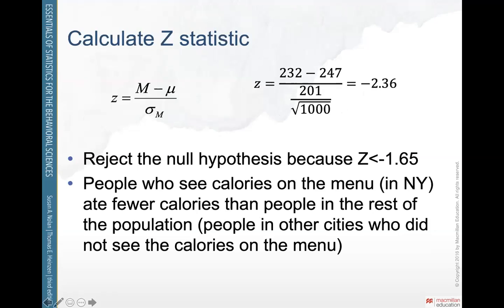I should point out, even before we calculate all of this, we should have known that we would get a negative z-score because our sample mean of 232 is less than our population mean of 247. Now we want to see if this z-score is in the critical region.